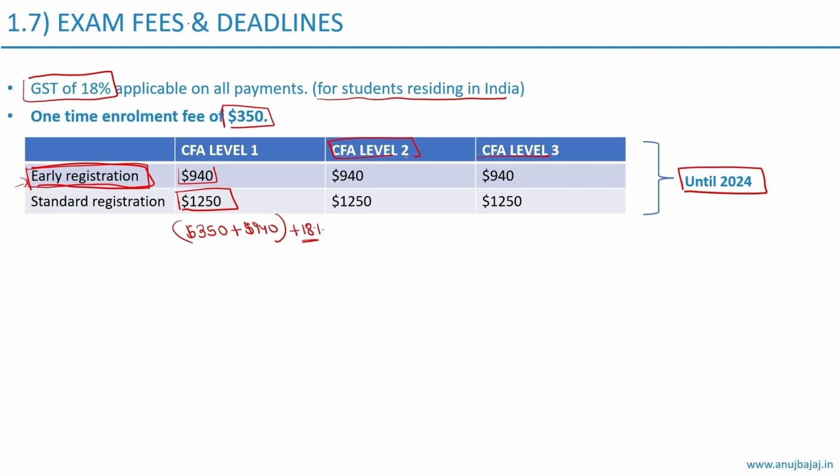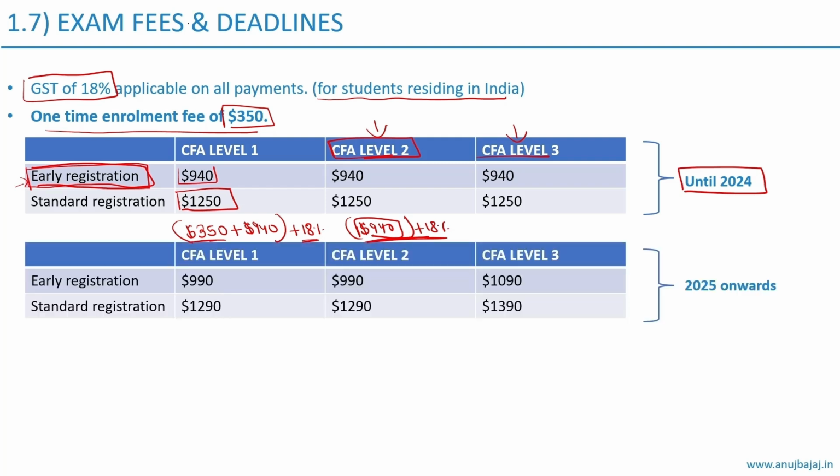And if you register for CFA Level 2, you are only required to pay $940. The enrollment fee is a one-time payment. You pay it only at the time of CFA Level 1 registration. You are not required to pay this enrollment fee for any of the next levels, and you will be charged with a GST of 18%.